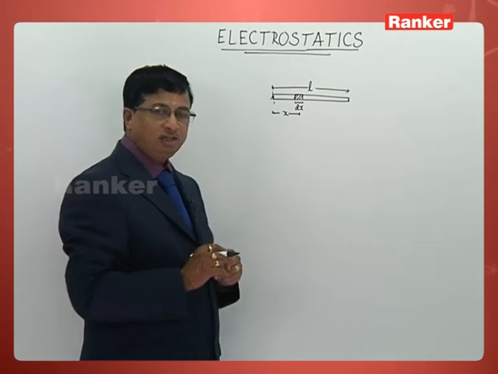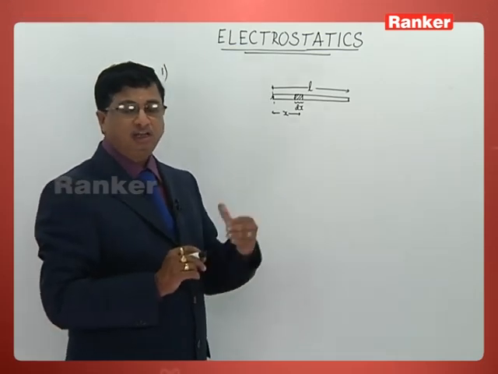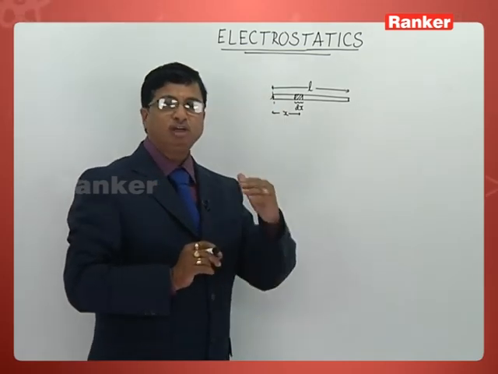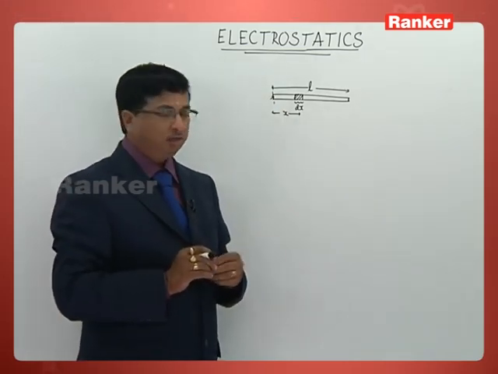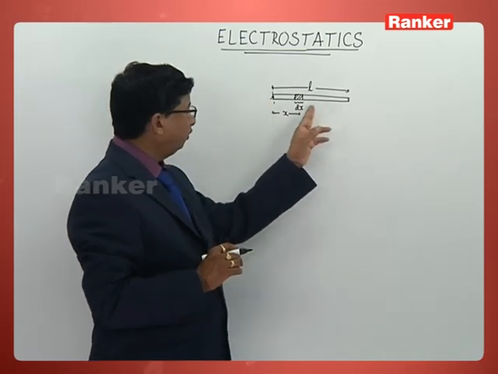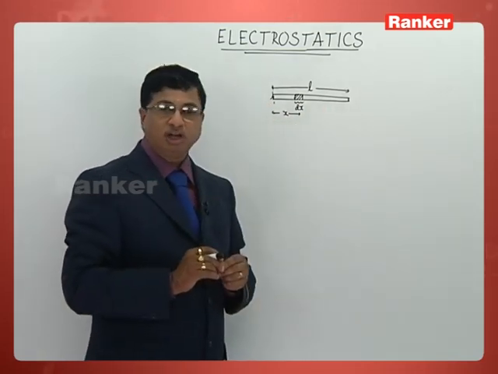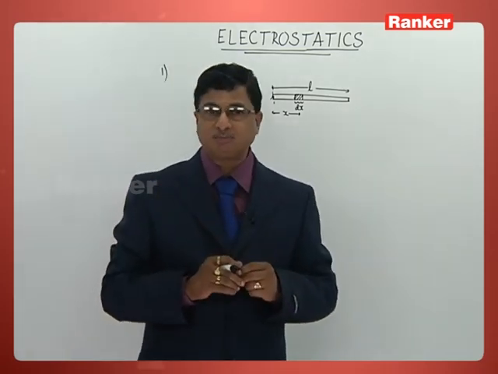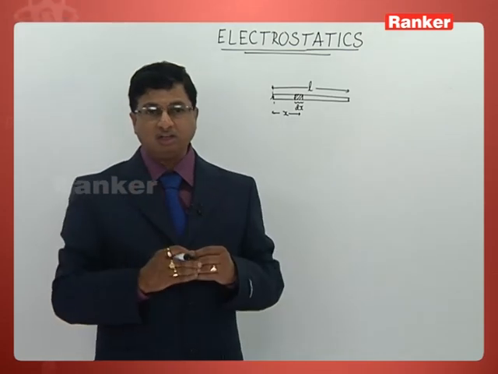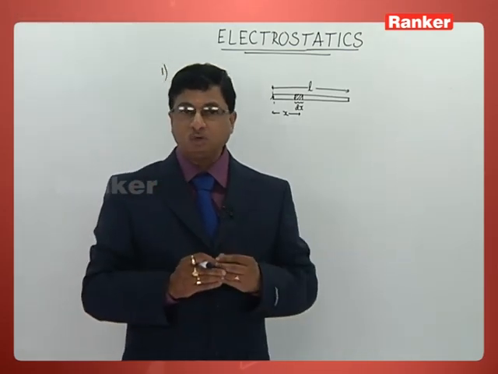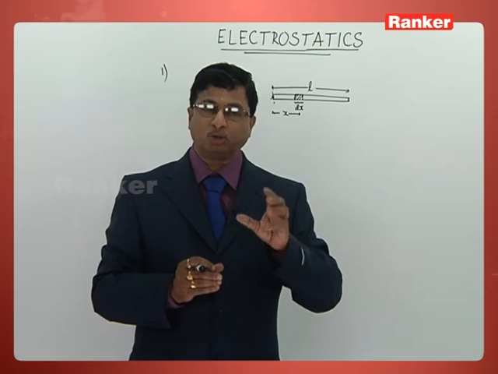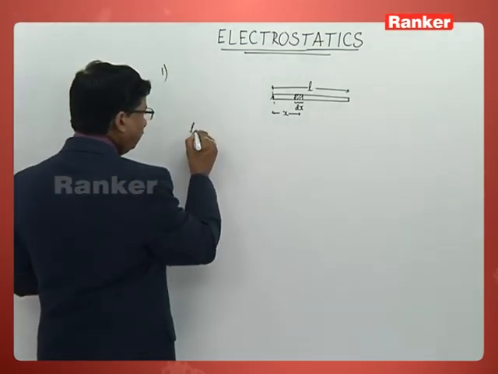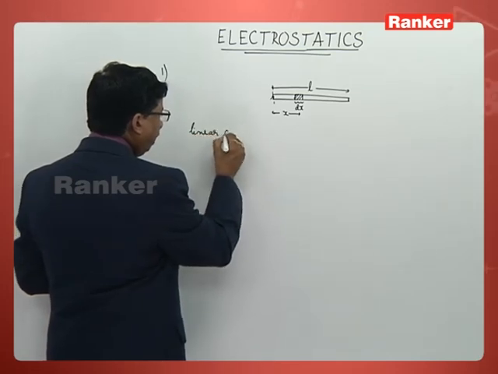After calculating the value of linear charge density for this element, I integrate that between the limits 0 and L to get the total charge on that particular rod. So this is the methodology I am adopting to work out this problem. So let us first consider what is linear charge density.